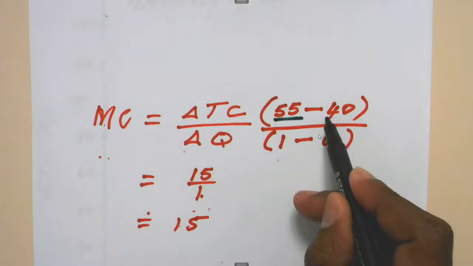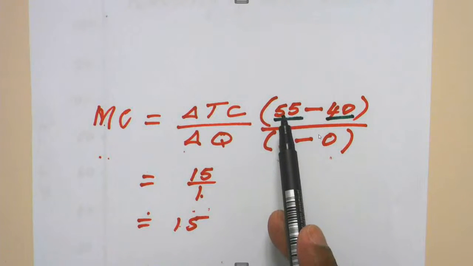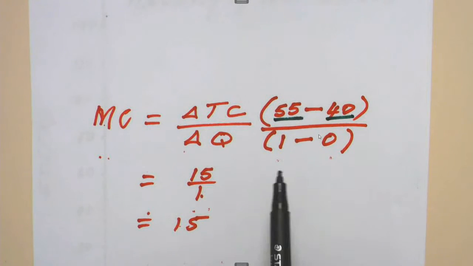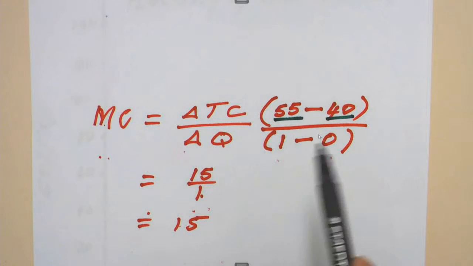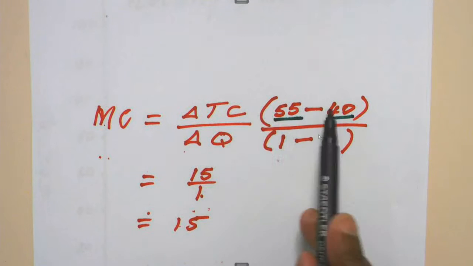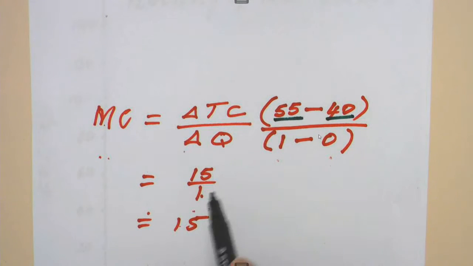It was 40. So we subtract 40 from the new total cost, which is 55 minus 40, over 1 minus 0, and it gives us 15 divided by 1. It's 15. So that's how we calculate our marginal cost.